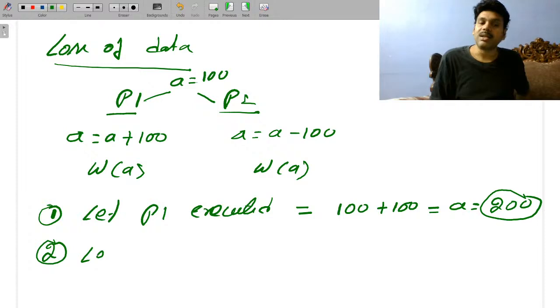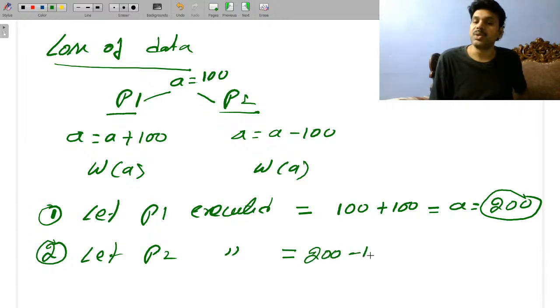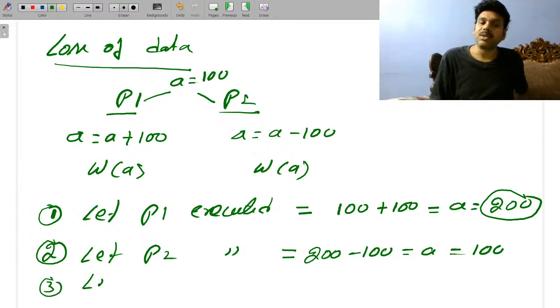Let P2 execute. When P2 executes, P1 is preempted here, so he makes the reverse operation. 200 minus 100, so A is equal to 100 in this case. Now, again, let us see the sequence I am executing. Let P1 execute.